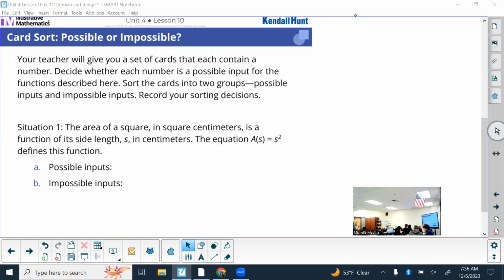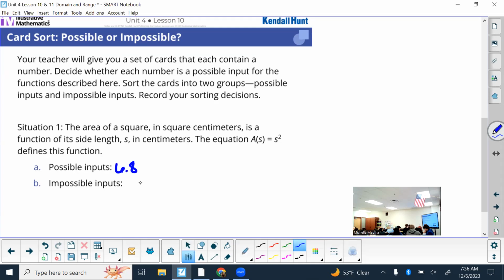So situation 1, the area of a square in square centimeters is a function of its side length s in centimeters. This equation defines the function. So table 4, can you give me one of the possible inputs? Okay. Class, you guys agree? 6 possible?